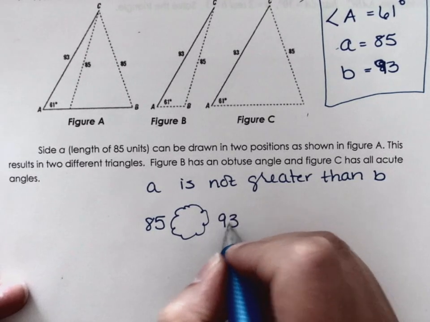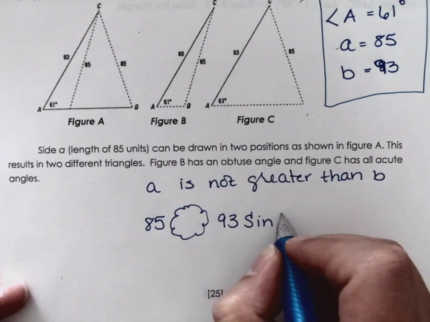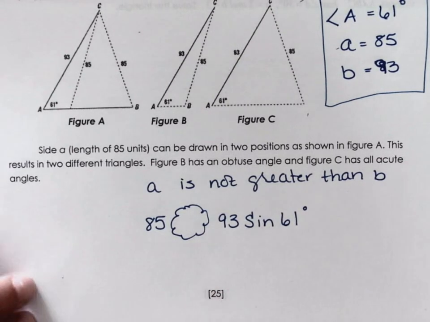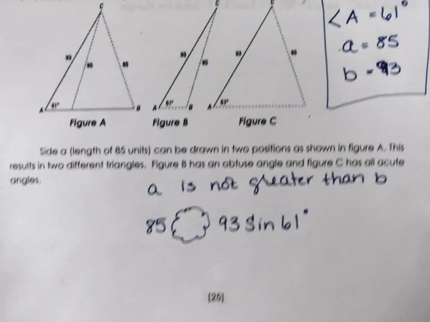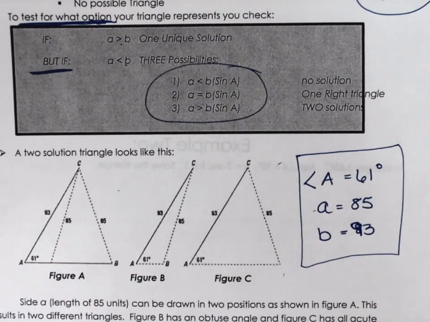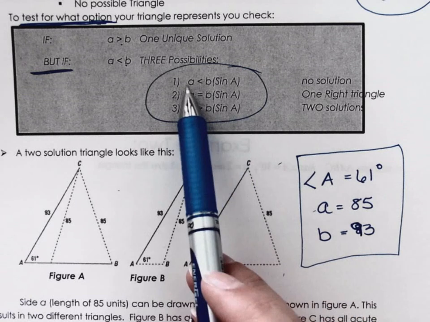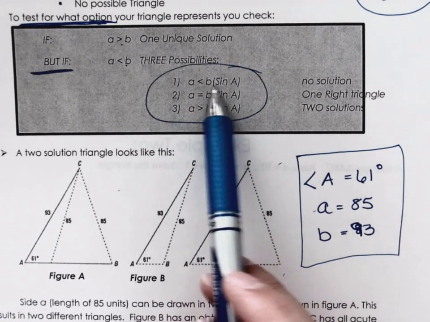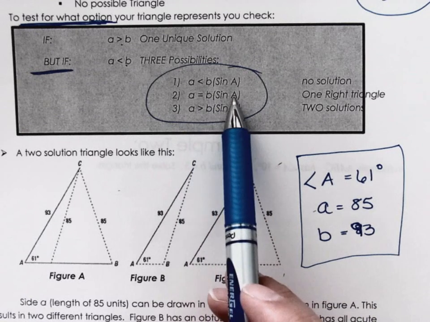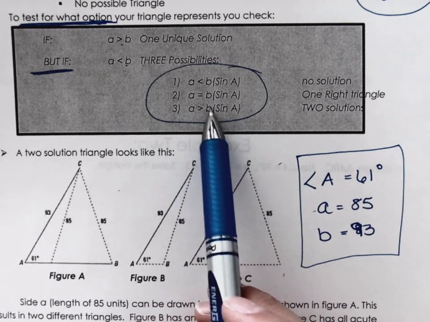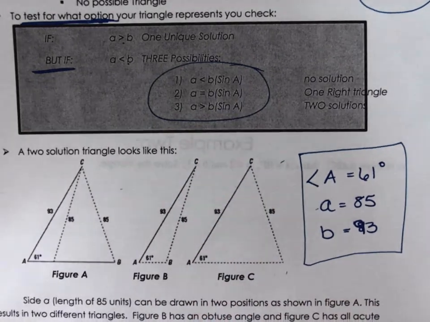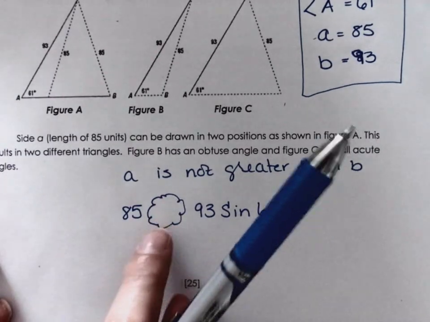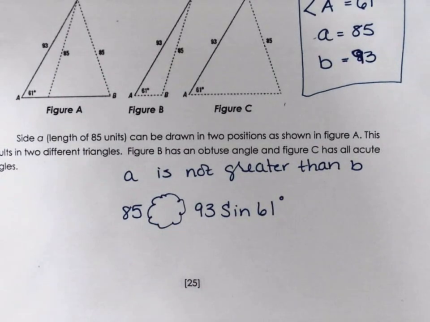B, which is 93, times sine of A, which is 61 degrees. Notice that this is the same format: A less than B times sine A, equal to B times sine A, and A greater than B times sine A. All I'm using is my big fluffy cloud here to decide, is it equal to, less than, or greater than?